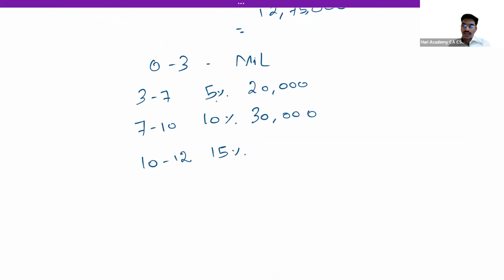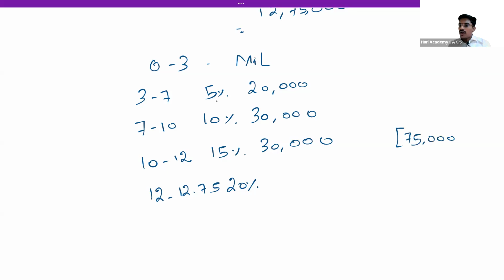So for this 2 lakhs, we compute at 15%, which is 30,000. Then 12 to 12.75 is at 20%, so for 75,000 we have to compute 20%.